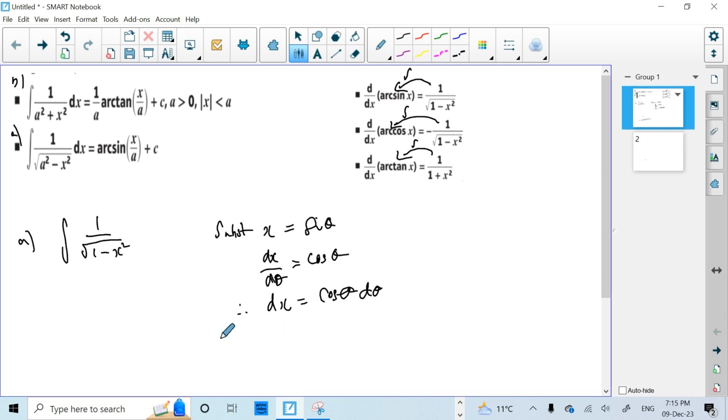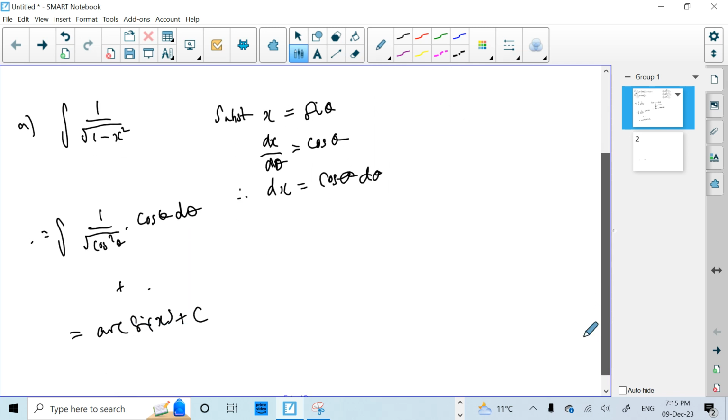So once we've attained that, we know that x squared is equal to sine squared theta. So we go back to our integration, and this will give me the integral of 1 over the root of 1 minus sine squared theta, which is the root of cos squared theta, and then multiplied by cos theta d theta.